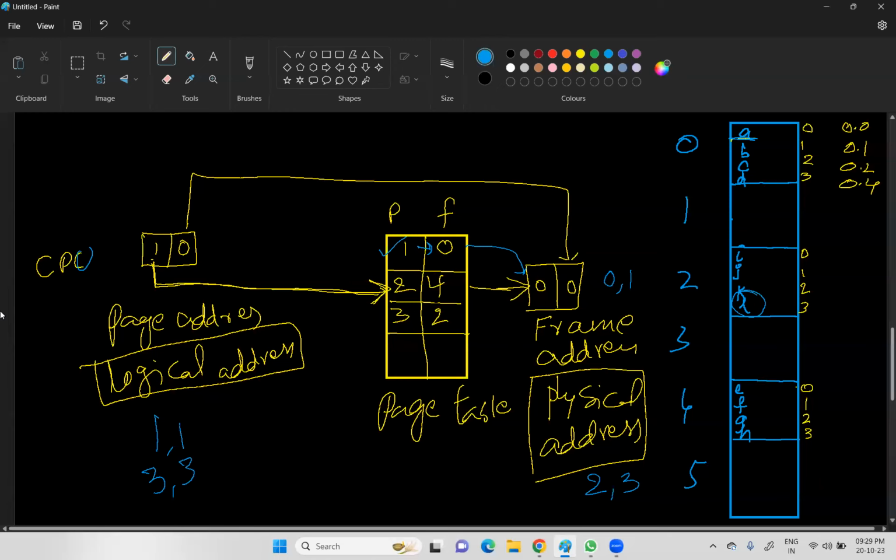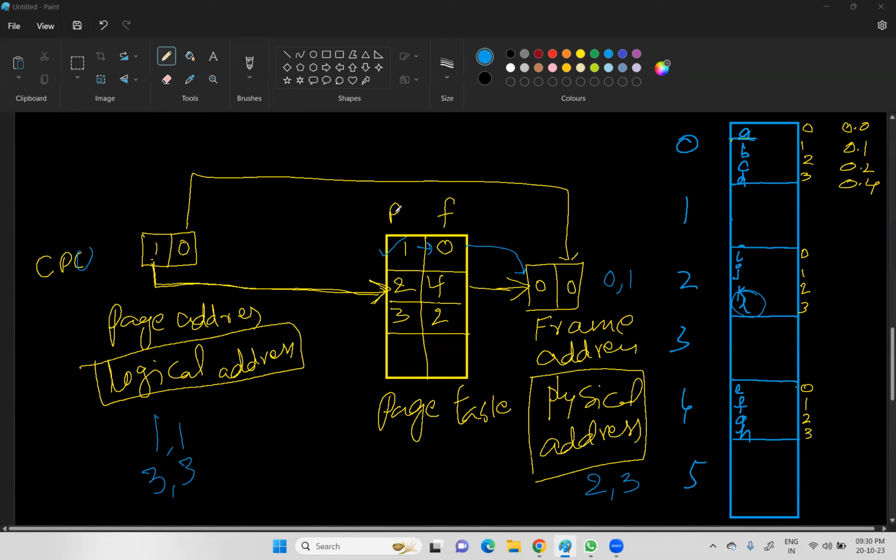Now, as far as paging here, you can understand one particular difficulty. Continuously going to the page table, which is stored in main memory, and continuously searching for a frame number, followed by displacement, identification of this will take some time.